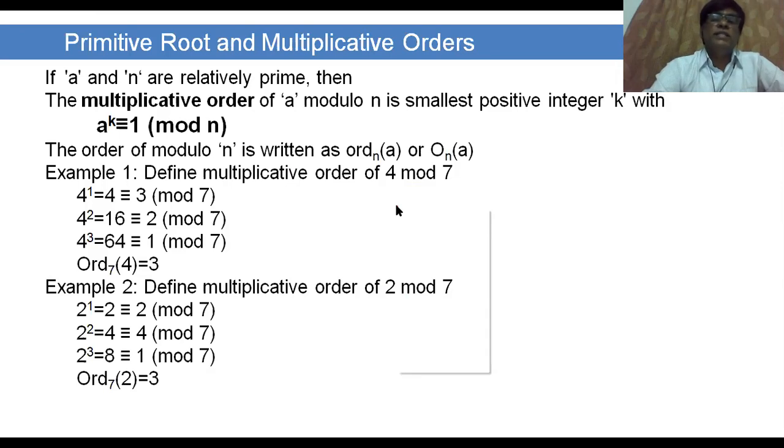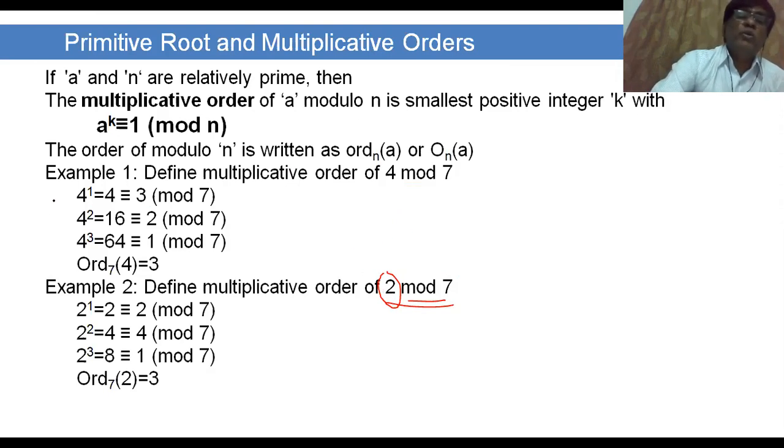Now consider another example. Define the multiplicative order of 2 mod 7. First check 2 power 1, which is 2, and 2 mod 7 is 2, so don't consider it. Then 2 squared is 4, and 4 mod 7 is 4, so not this one either.